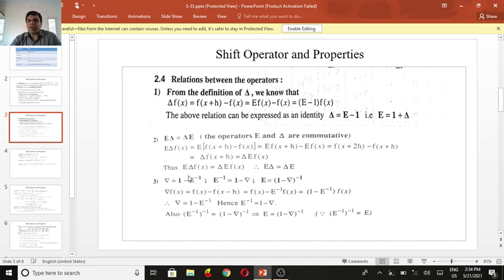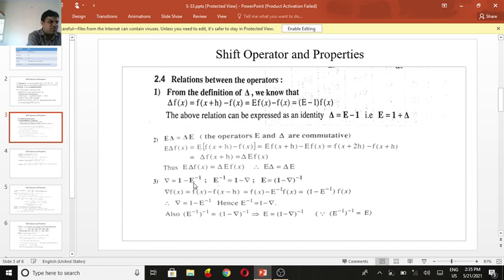So we come to the backward difference. Backward difference by using E is equal to 1 minus E inverse. In one more definition, backward delta f of x we can write as f of x minus f of x minus h.